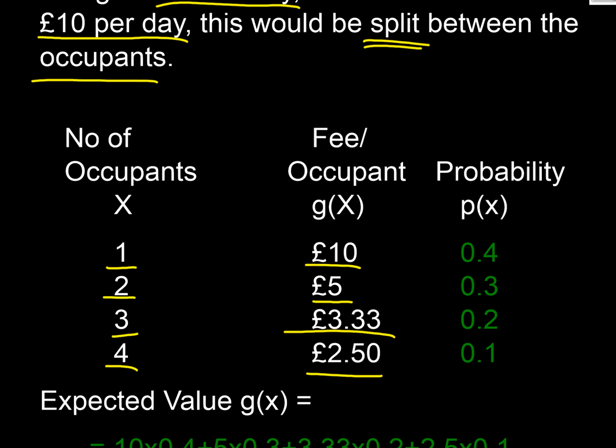If we want to find the expected payment that we're each going to make, we're going to call that effectively the function of x, because it varies with the number of occupants.